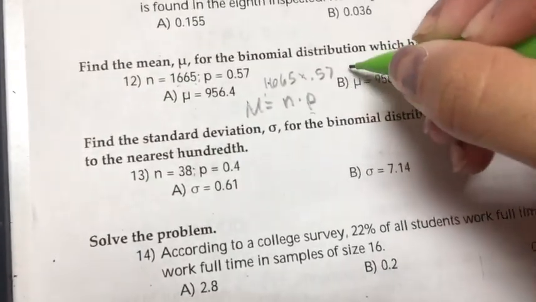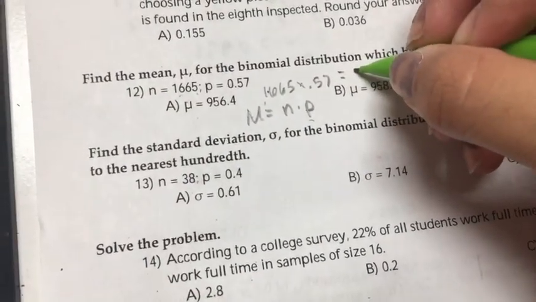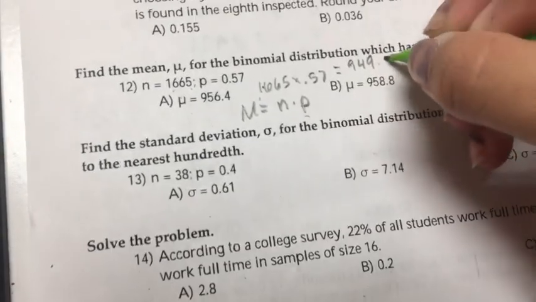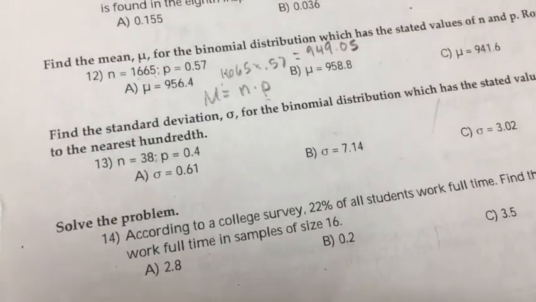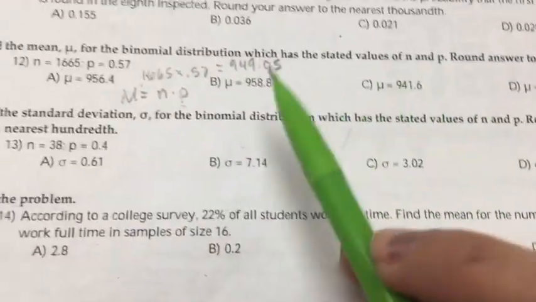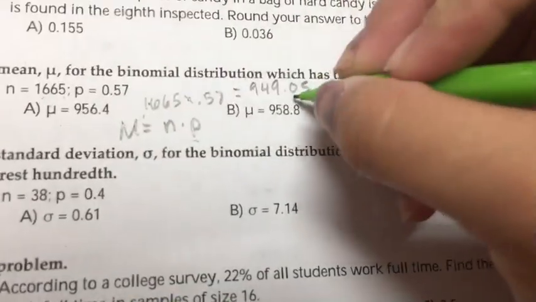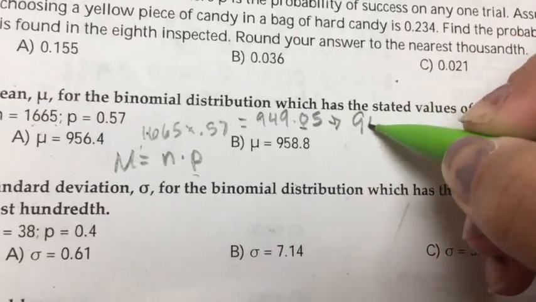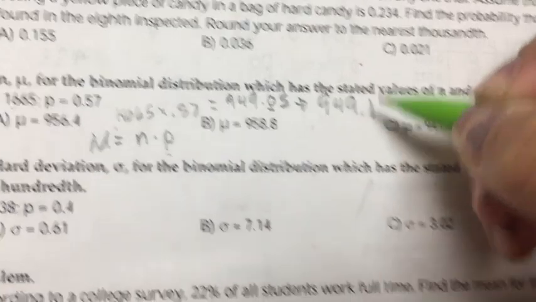And after multiplying them, I got that my mean is 949.05. So I got this answer, but it looks like they're rounding it to the first decimal place, so this converts to 949.1.